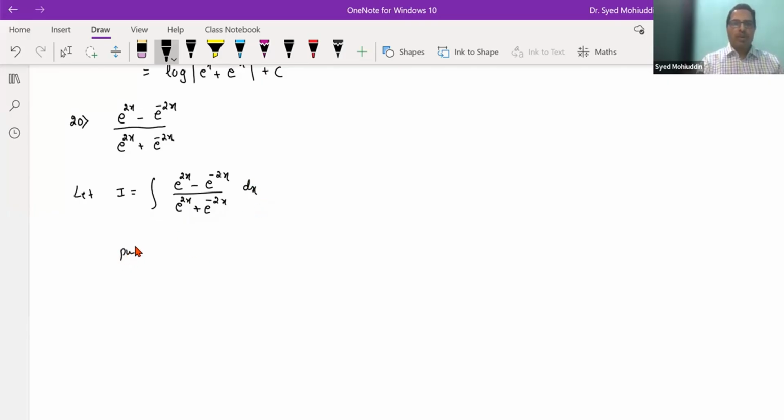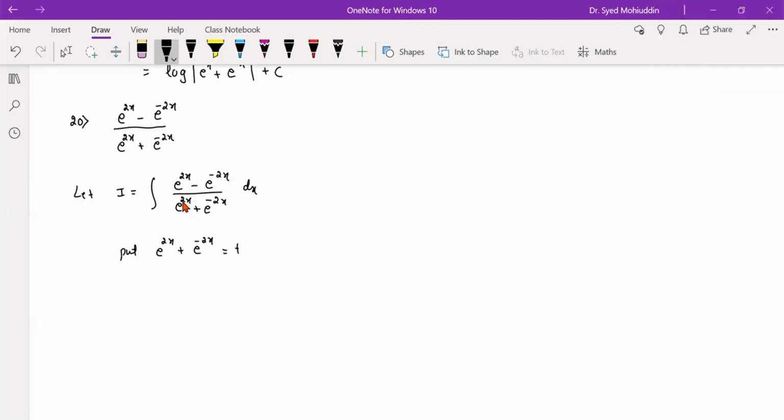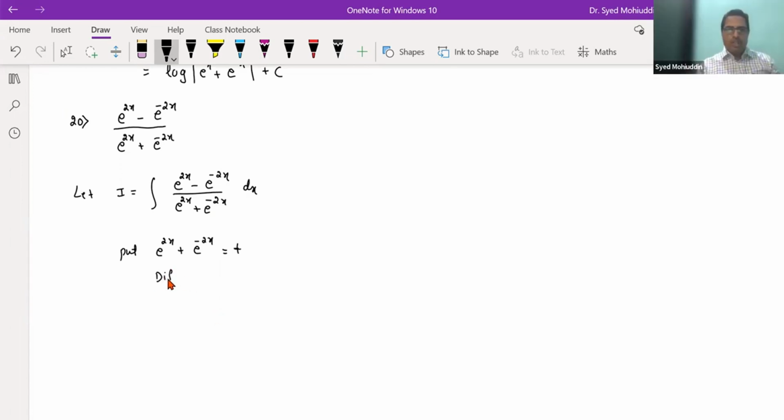So let us put the value of the denominator, e power of 2x plus e power of minus of 2x, equal to t. As I told you, whenever you have e power in this plus and minus, one should be plus, one should be minus. In that case, we can solve this problem just by putting this value as t and then proceeding. Now let us try to differentiate this one.